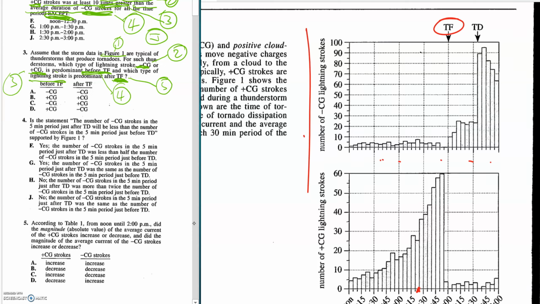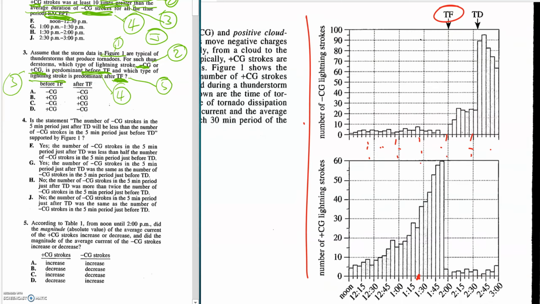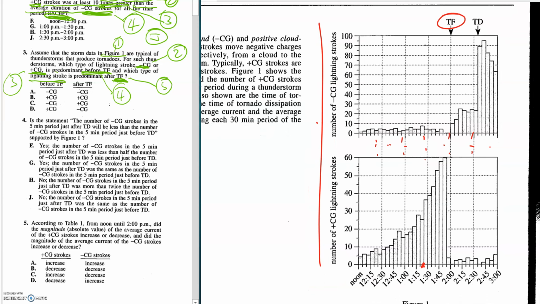And again, remember, these are attached. You see these lines here? Means that they're attached. They've just split it, but it's really the same graph, just kind of split. So TF, even though it's just up here, it will also be relevant down here, and so will TD.